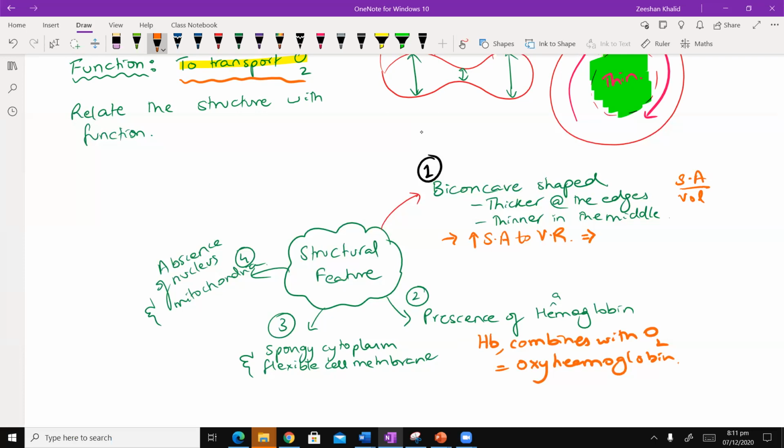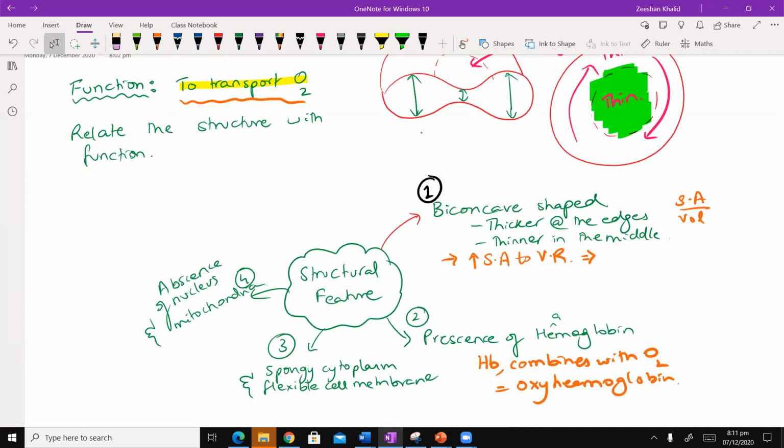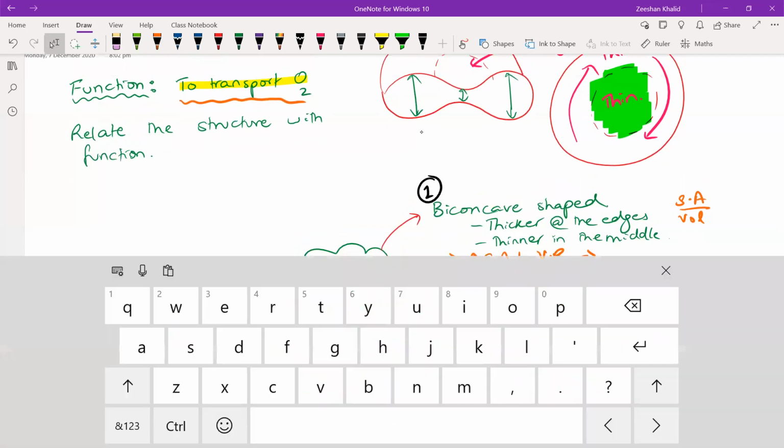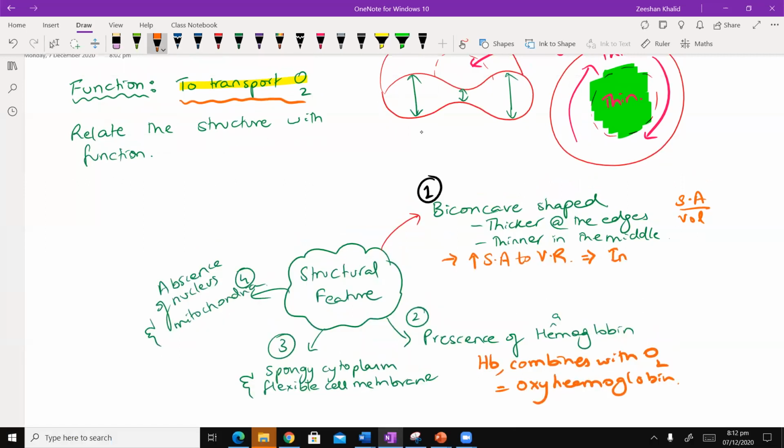What benefit does that give to the red blood cell? Well, the benefit is that it increases the rate of oxygen absorption. What does that mean?